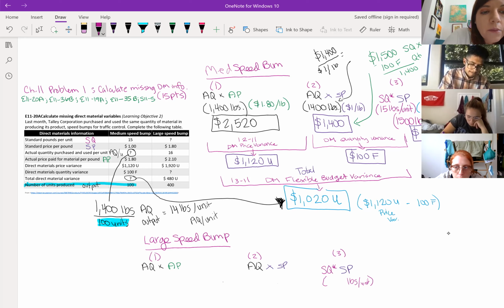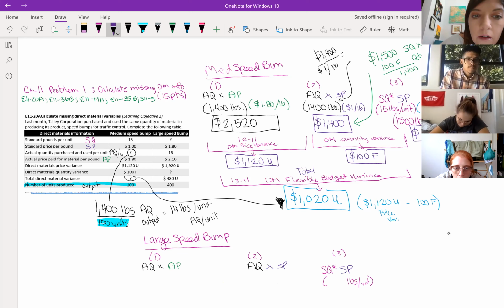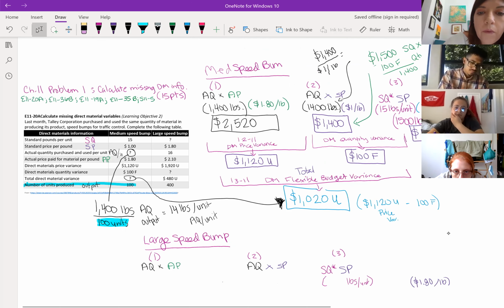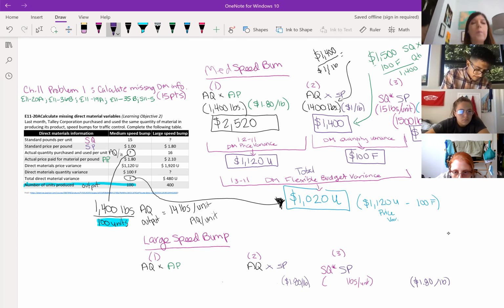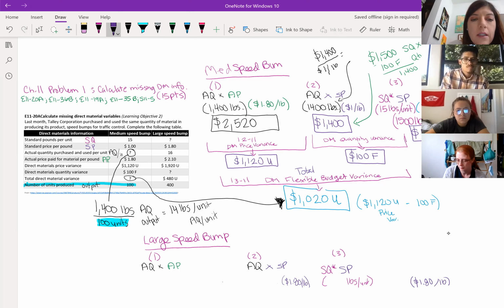For the standard price per pound, we should be paying $1.80 per pound. So I'll plug in the standard price into these two parts. Actual quantity purchased and used is 16 per unit.